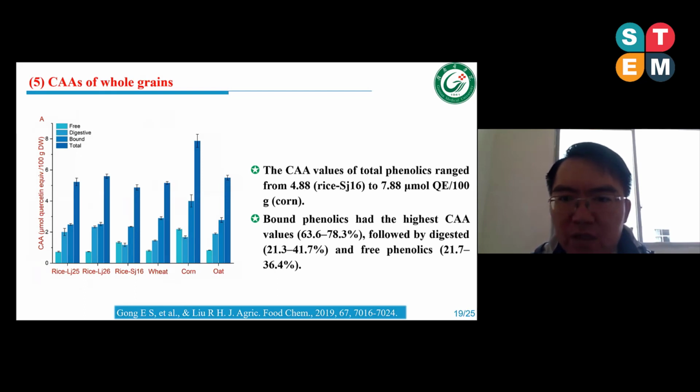In the no PBS wash protocol, the CAA values of total phenolics ranged from 4 to 7 micromole. Bound phenolics had the highest CAA values, 63 to 78%, followed by digested, 21 to 41%, and free phenolics, 21 to 36%.